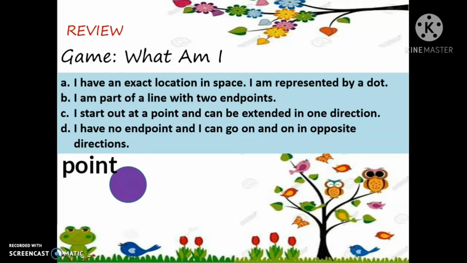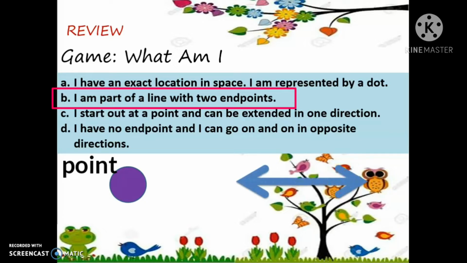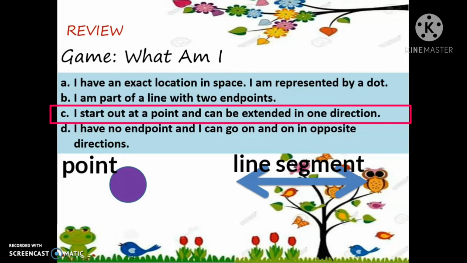How about letter B? I am part of a line with two endpoints. Correct. The answer is line segment. For letter C, I start out at a point and can be extended in one direction.